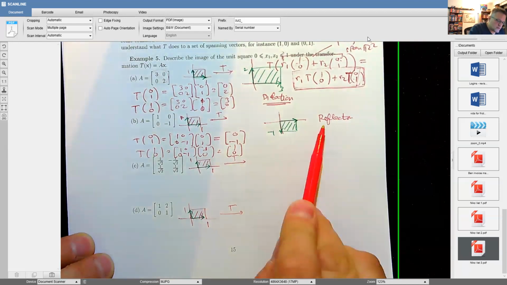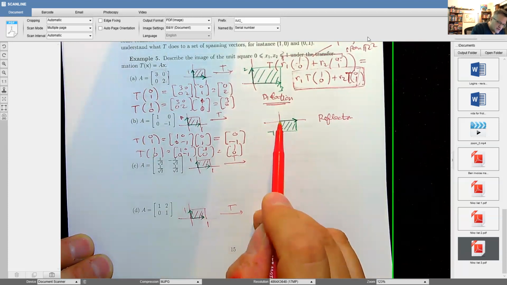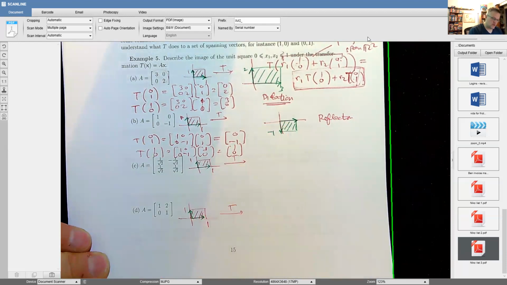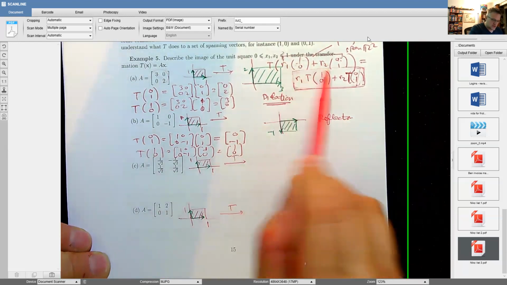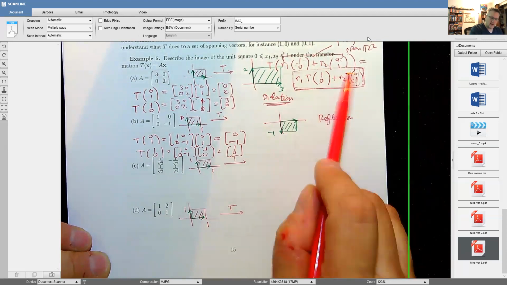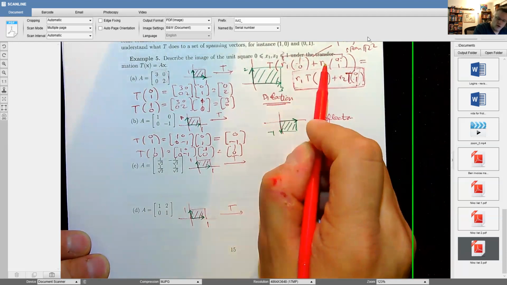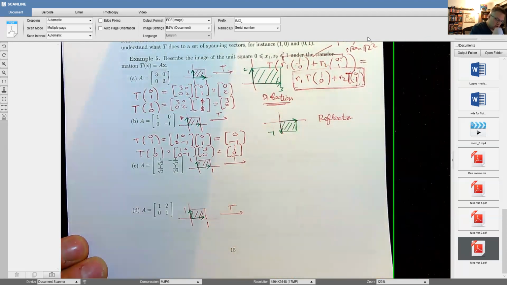Right, and again, you could notice that by just taking scalar multiples and showing that every time you're in here, you're getting smaller and smaller scalar multiples of those vectors. So in fact, this is not just true for these guys. You can take any scalar multiple you want, and that's in fact what you'll get down here. Just let r1 and r2 run between 0 and 1, and you'll show that this is the set that you get.